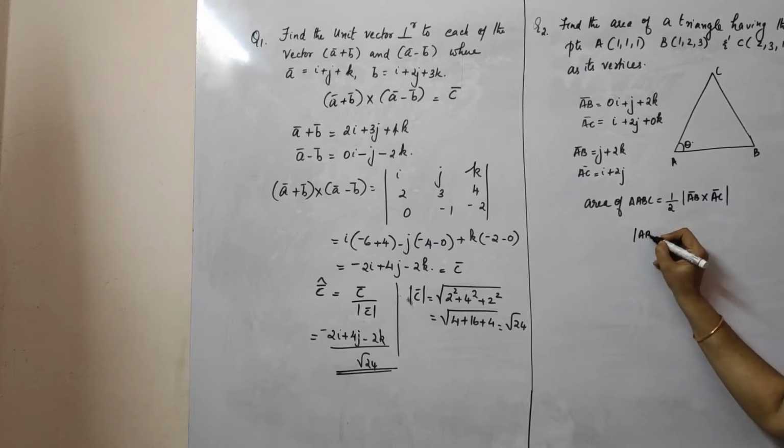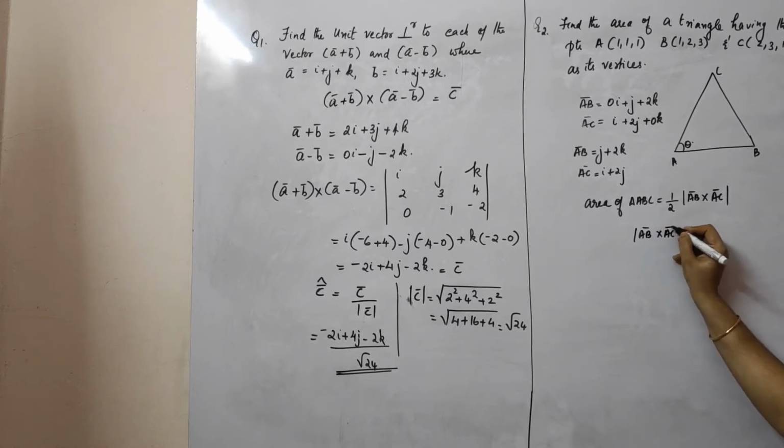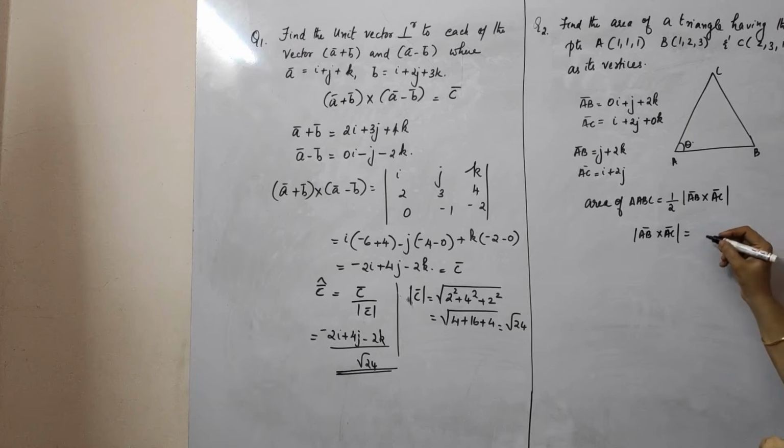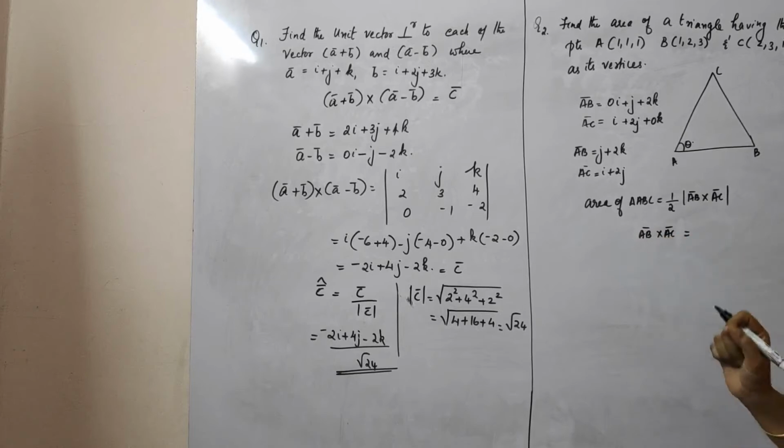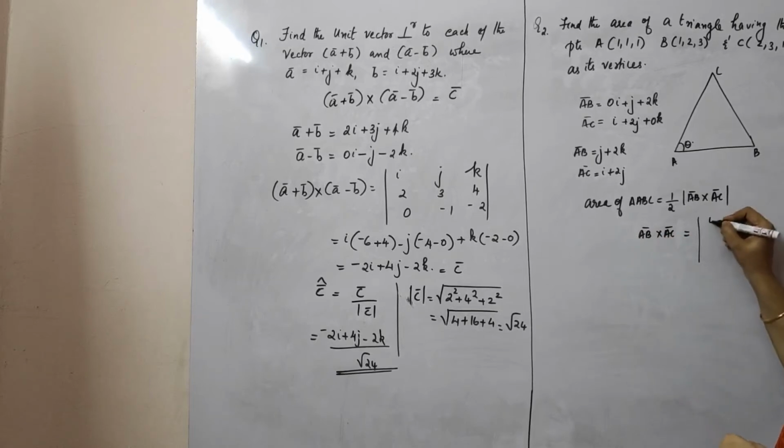Magnitude of vector AB cross vector AC is equal to what? First let me find the determinant. So that is i, j, k, AB is 0, 1, 2, then AC is 1, 2, 0.